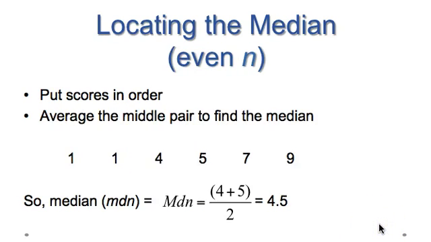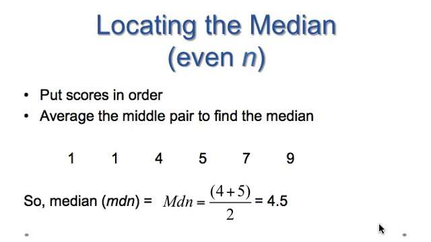All right, so now here's an example for locating the median with an even number of observations. So again, this data set is already in order from smallest to largest.